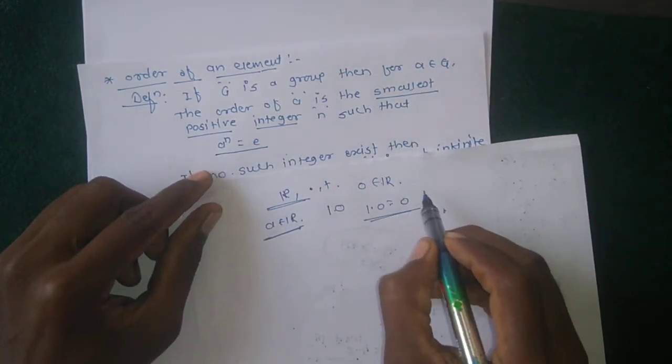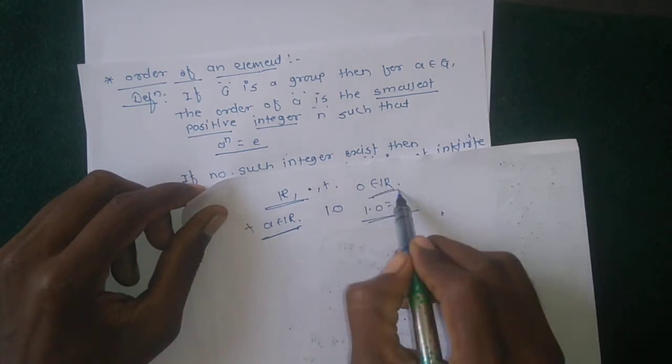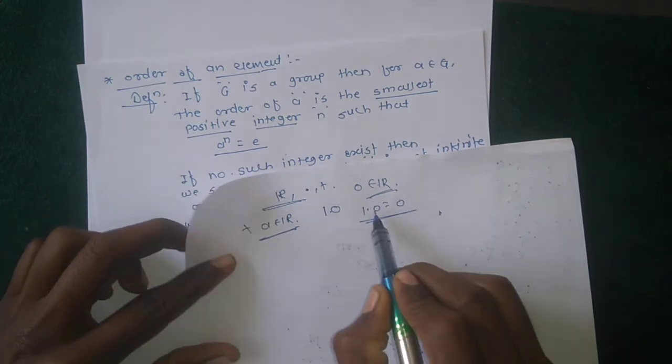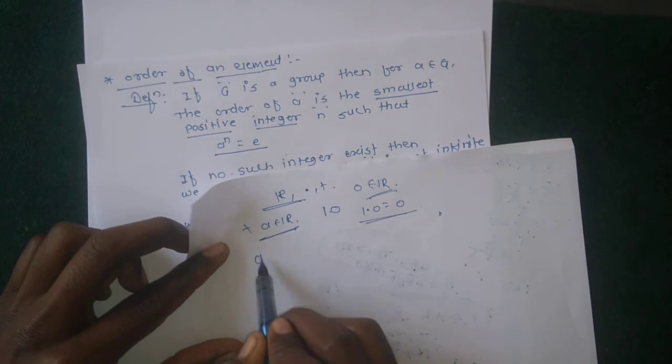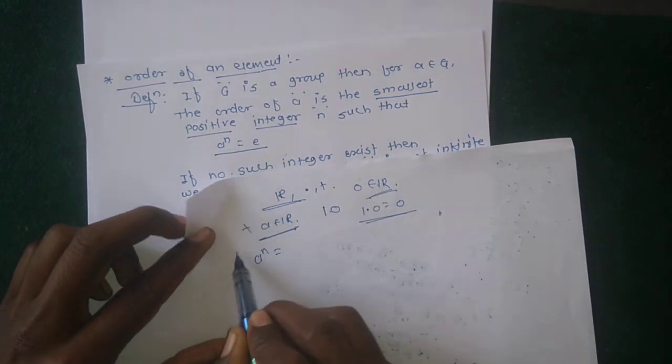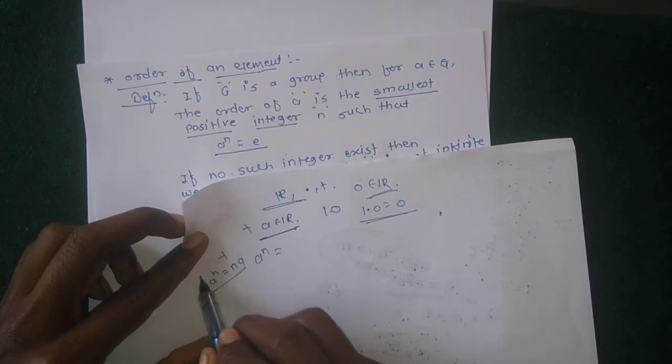With respect to addition, 0 is the identity of the set of real numbers. If the operation is addition, then a raised to n equals n into a.